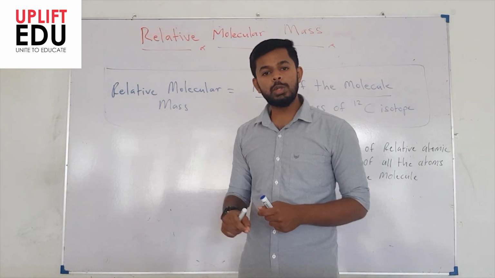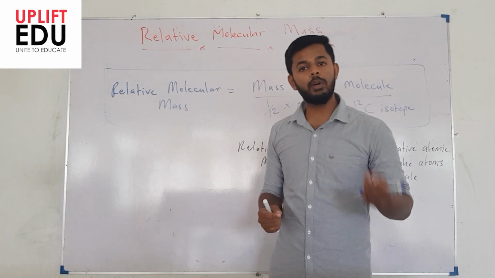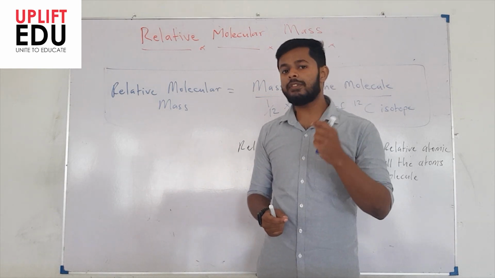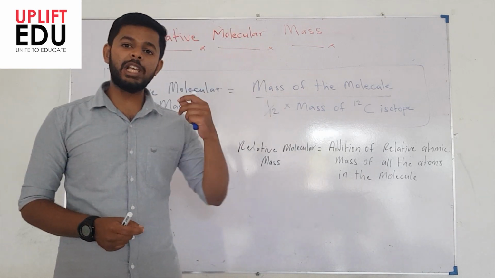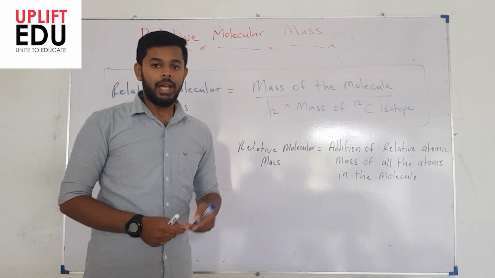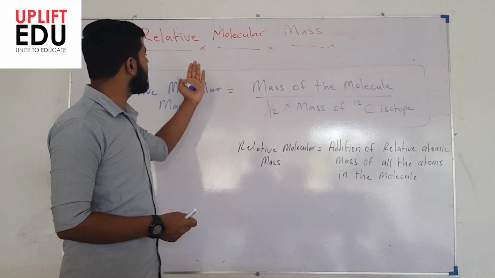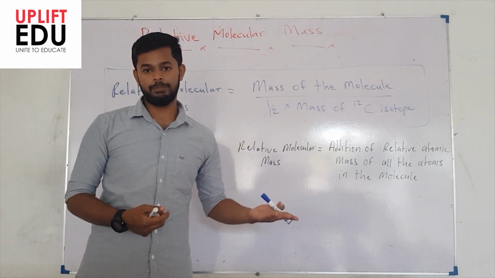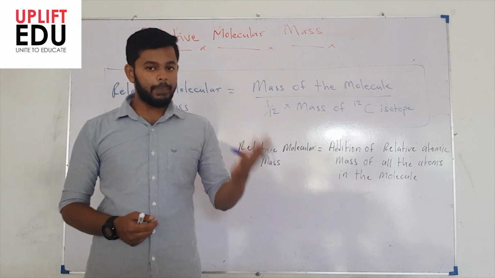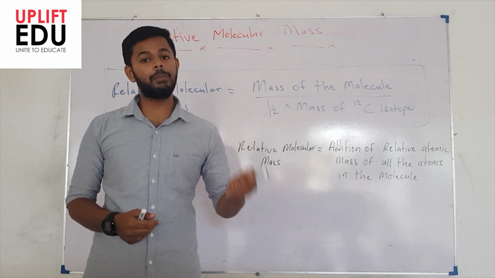Molecules are formed of atoms, so the mass of a molecule also will be really small, and that also cannot be expressed as its actual value. Here also, we express the mass of the molecule by comparing it to a certain unit. We don't consider a separate unit; we consider the same atomic mass unit.